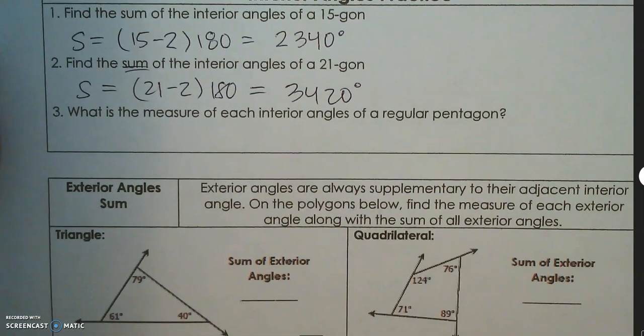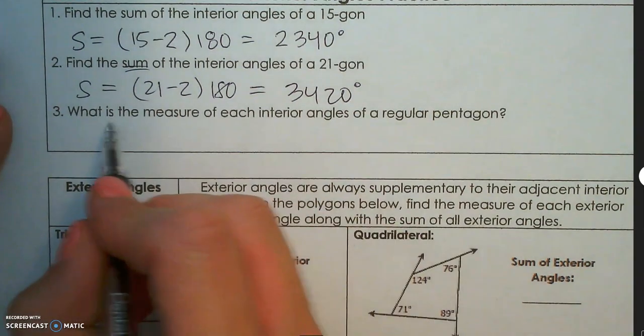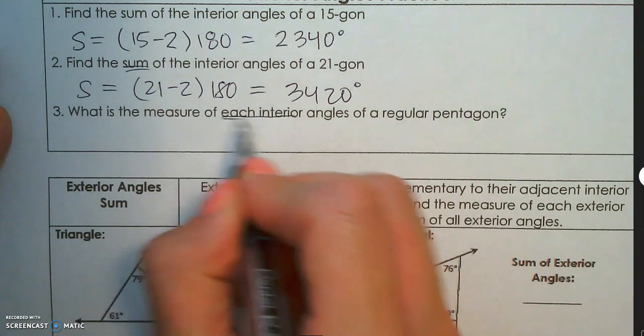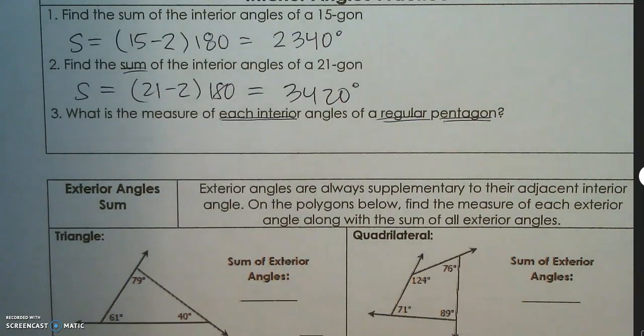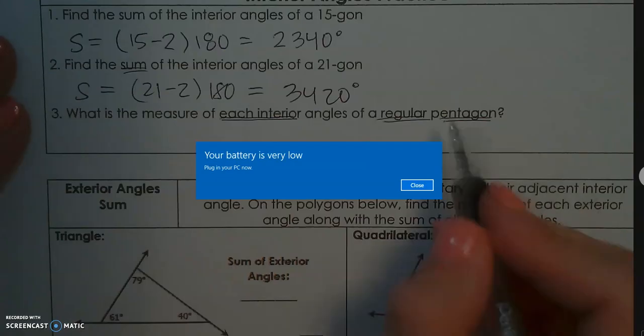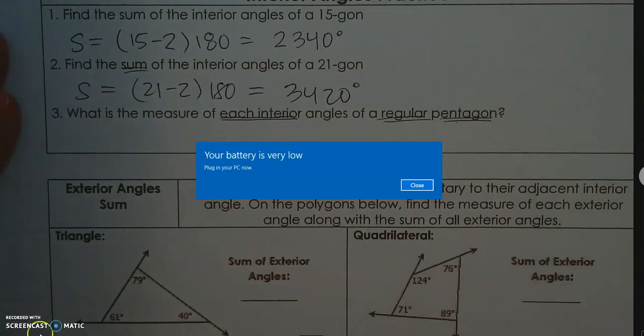Okay, and then the last question in this section is a little bit different. It says, what's the measure of each interior angle of a regular pentagon? So first we're going to find how many degrees the interior angles of a regular pentagon add up to, and then we'll divide that into 5 equal parts.